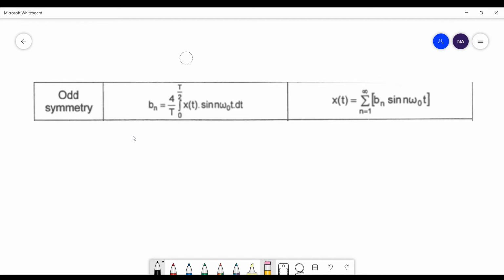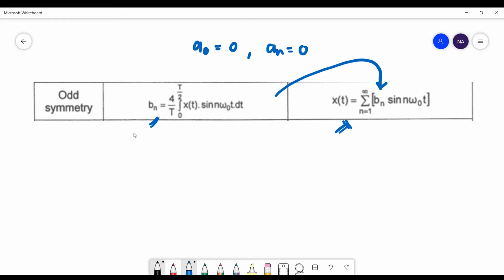That means A0 is equal to 0 and An is also equal to 0. So the only coefficient now is Bn. After you calculate Bn using this formula, you just substitute the Bn here to get the series of x(t).